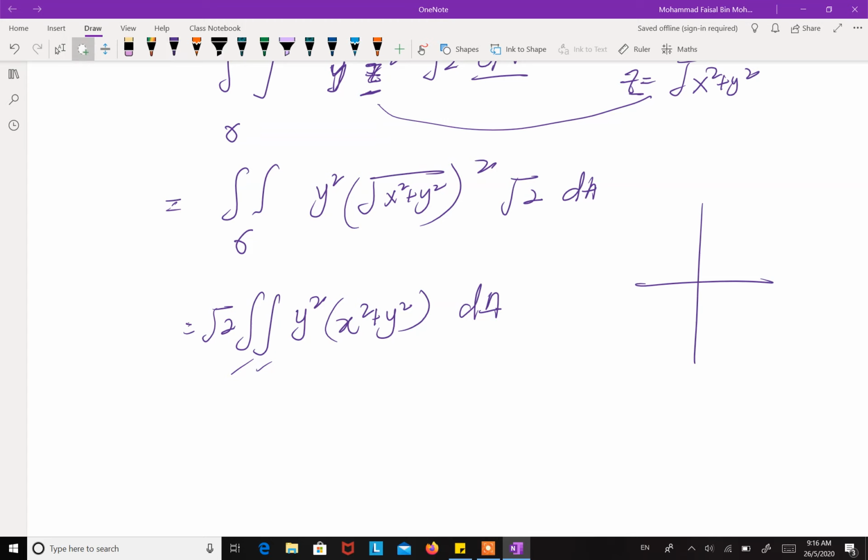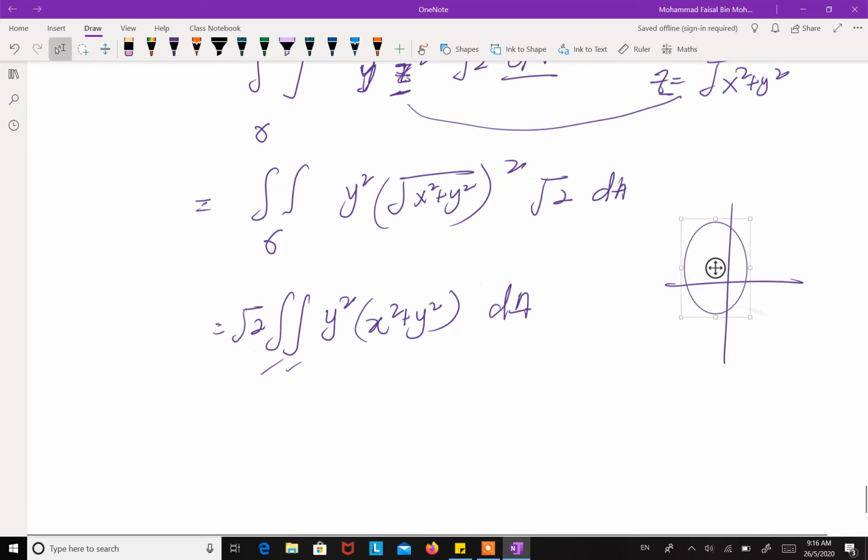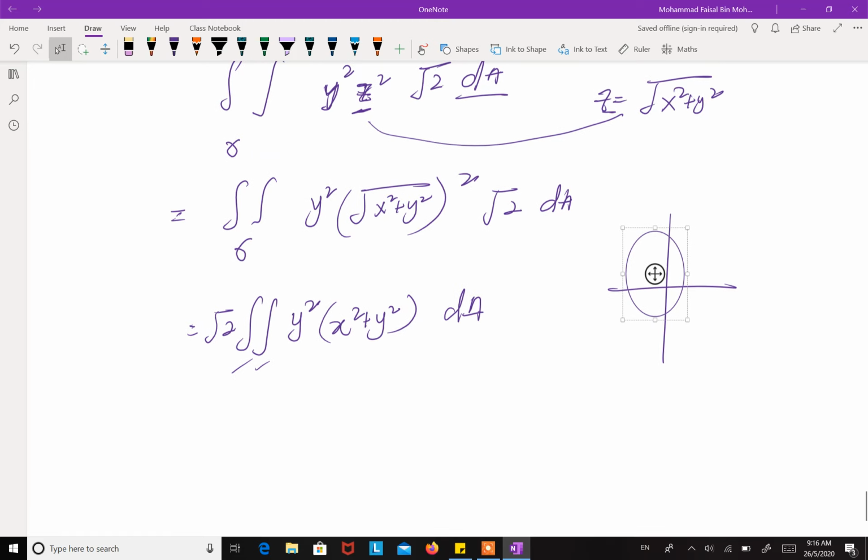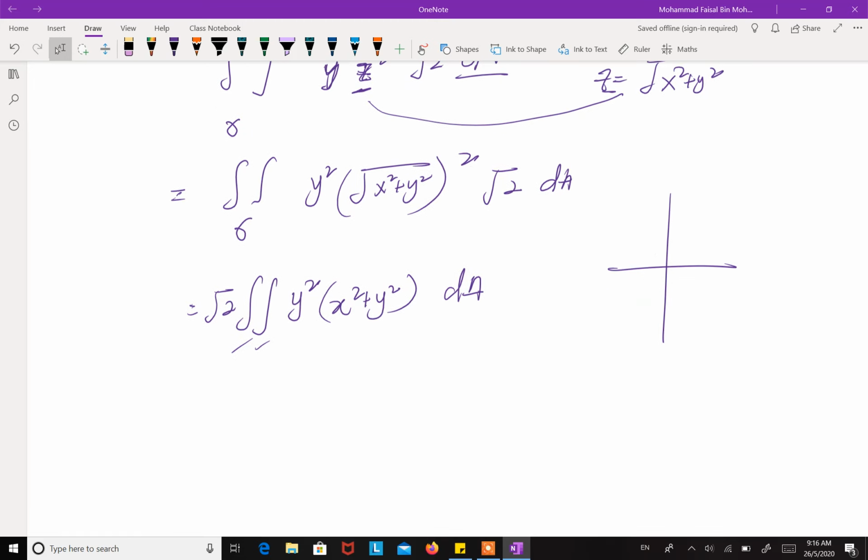I think r equals 1, r equals 1, r equals 2. So this is r1 and we have r equals 2.